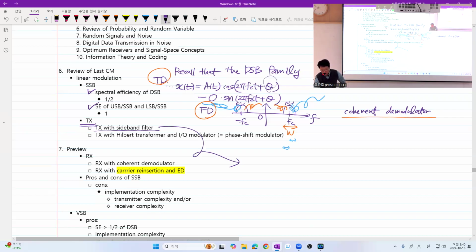So this idea is like this. You have A of t. Depending on whether it's a DSB-SC or DSB-LC or DSB-RC, your A of t may be a little bit different.